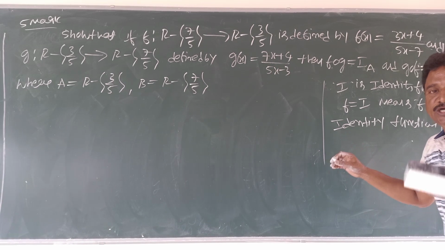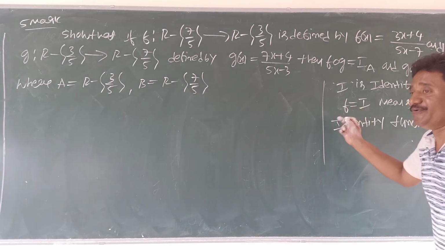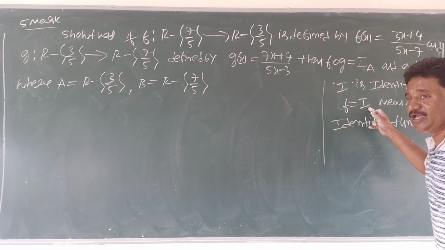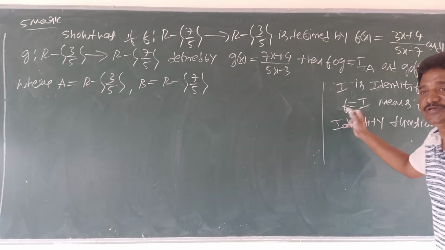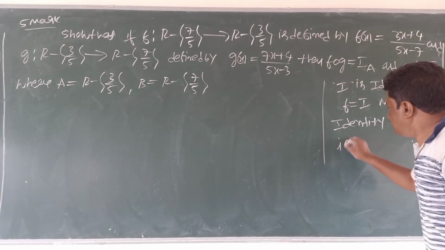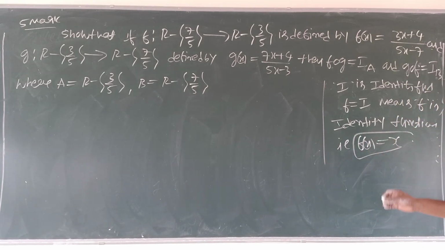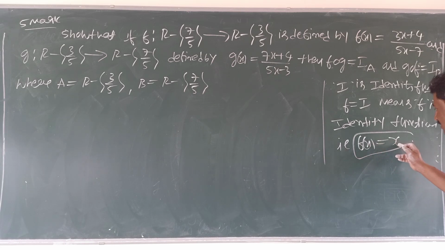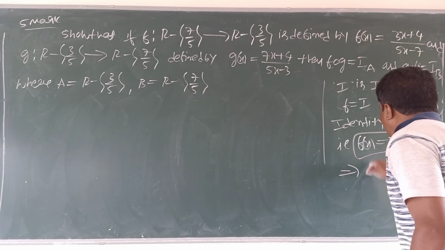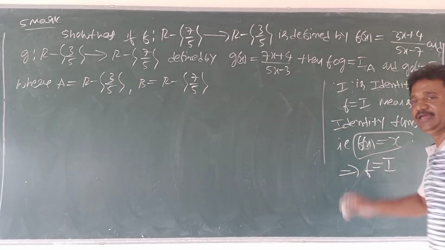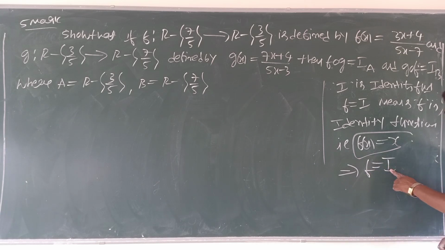Students, observe these points carefully. If I write f is equal to I, what does it mean? f is identity function. Identity function means f(x) is equal to x. f(x) equals x can be written as f is equal to I. f(x) is equal to x means f is equal to I.